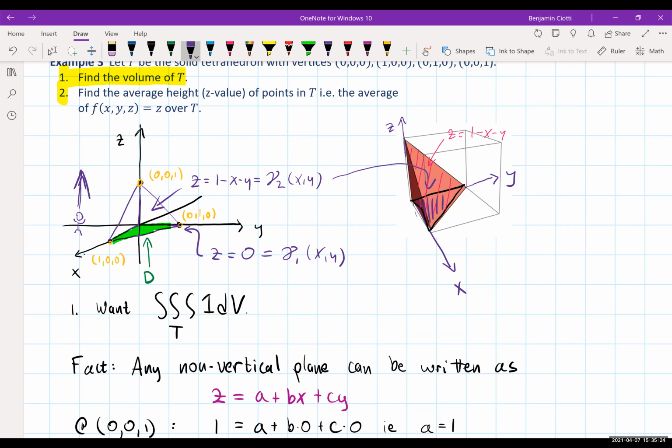So you could think of this tetrahedron as consisting of many points in the interior of the tetrahedron, right? Each point has some x, y, and z value. In particular, it has a z value, and I wanted the average of all of those.